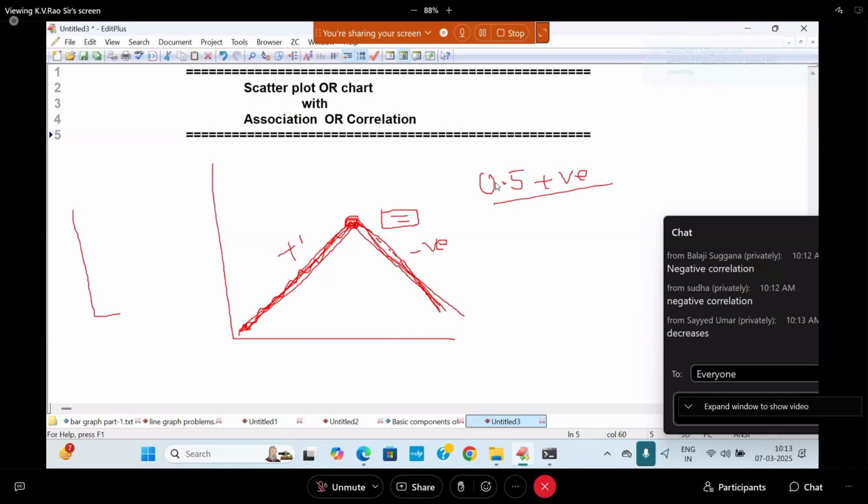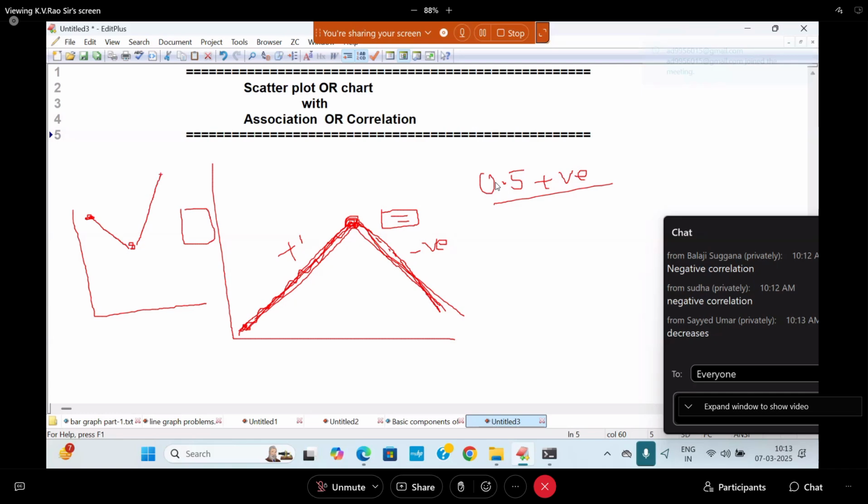Another type of diagram: you purchased land at a very high price, and it falls down immediately after you invest. After a certain time, some companies are established near that land, so automatically the land cost started increasing.